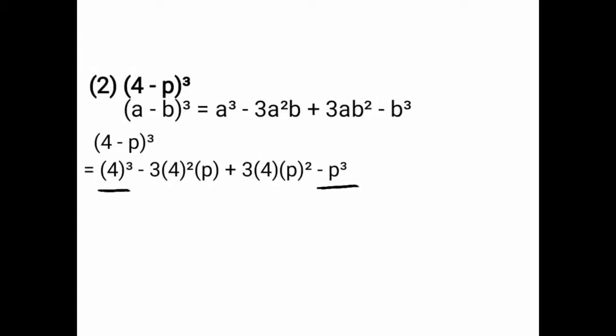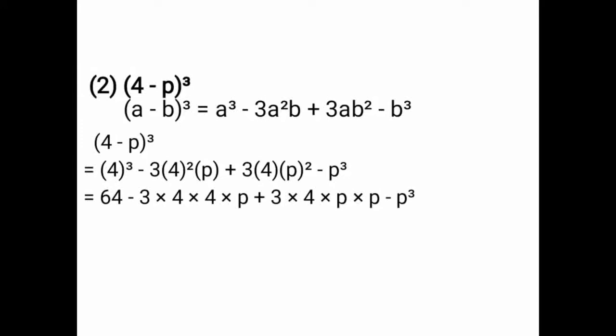Cube of p will remain the same because the cube of the variable remains the same. So the next step will be 64 minus 3 into 4 into 4 into p plus 3 into 4 into p square minus p cube. The a cube part and minus b cube part I have already solved here. I got the answer.